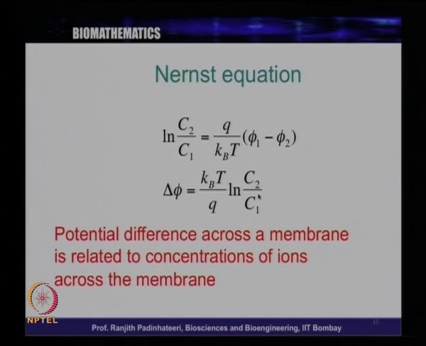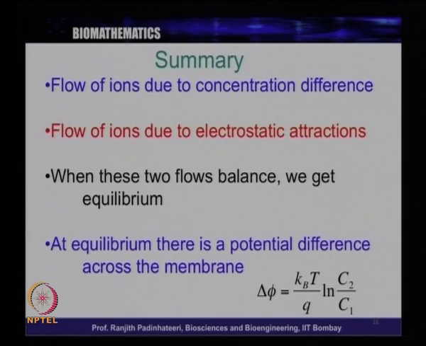So, we learned how to derive the Nernst equation. To summarize what we said so far, we first discussed the flow of ions due to concentration difference. They go in a particular direction.